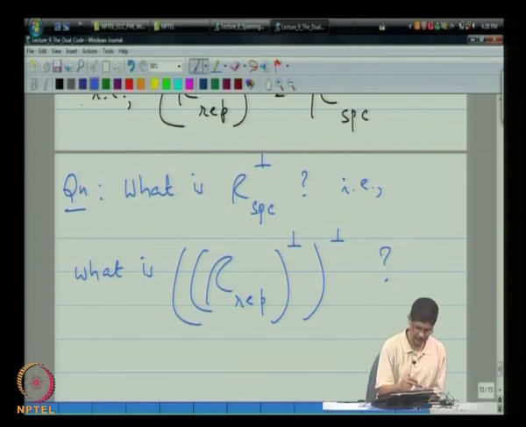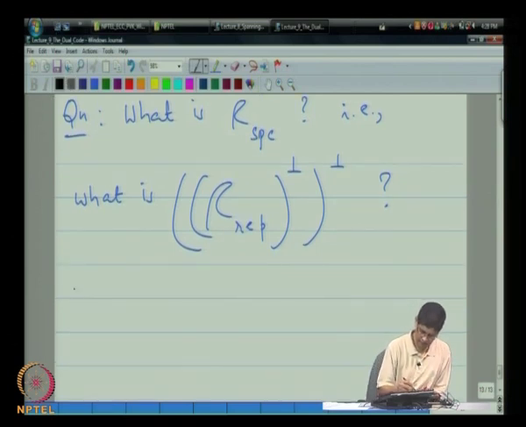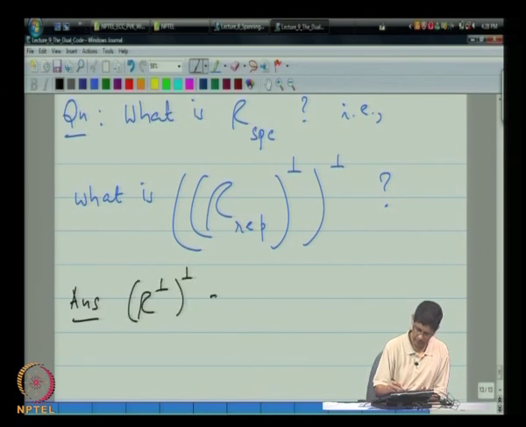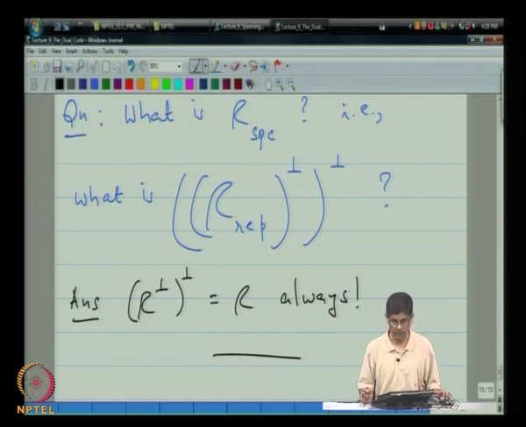Now, some of you may actually guess the answer. The answer turns out to be that C dual dual is C, always, not just in this instance, that is always the case. So, our next goal is to actually prove this.